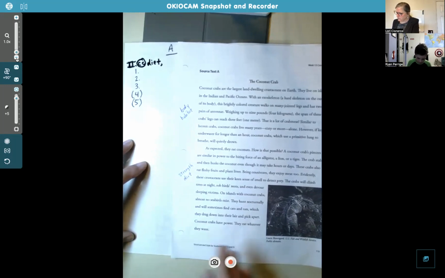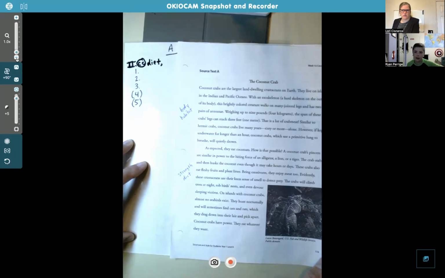I would say fruits and plant litter. Fruits, plant litter, okay. We could probably look back on that word fleshy. Do you know what that means by fleshy fruits? Soft fruits that are a little squishy, like plums and stuff like that.